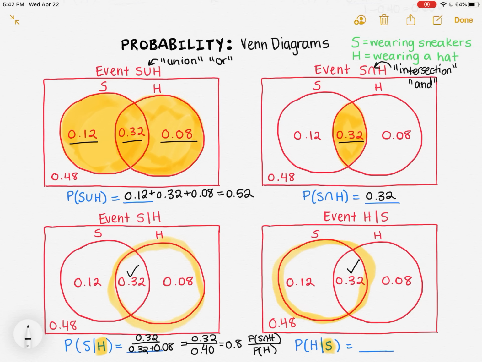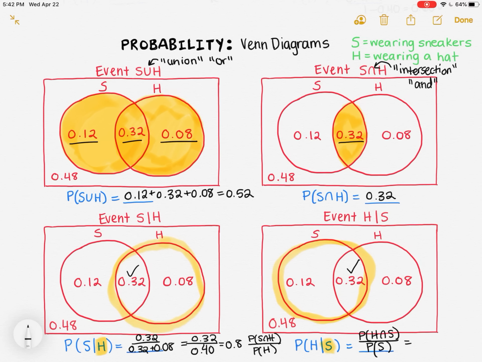So I'm going to go to the overlapping section because that's the portion that is wearing a hat and wearing sneakers. Again, I can think of this as the probability of both events, so H and S, or wearing a hat and sneakers, divided by the probability of my given event, which is wearing sneakers.